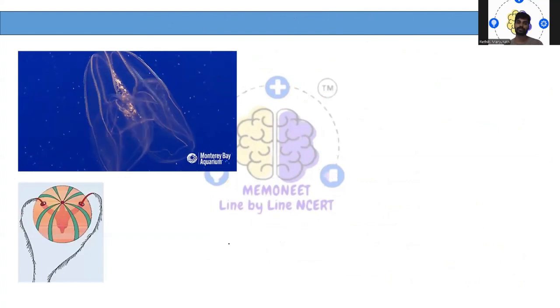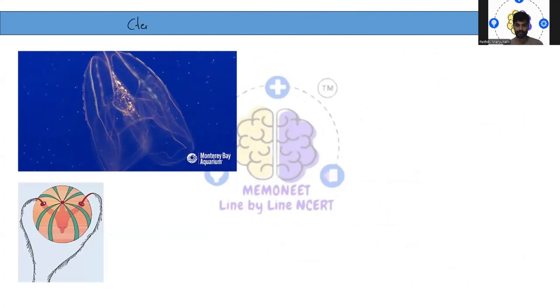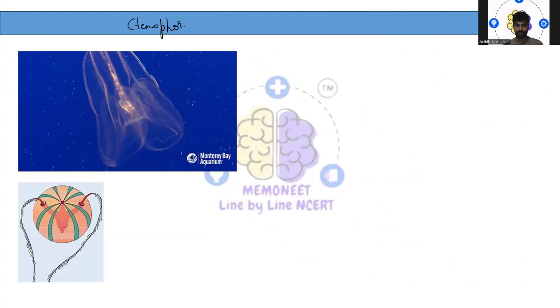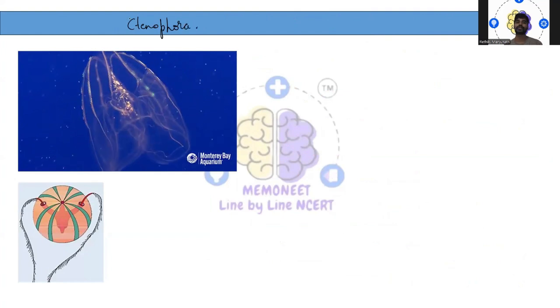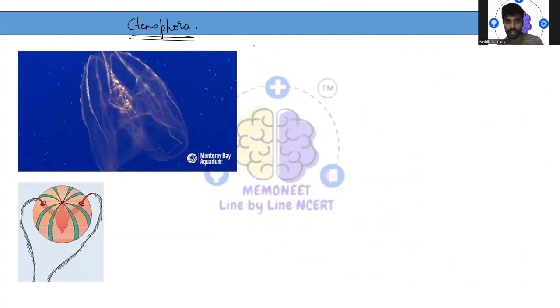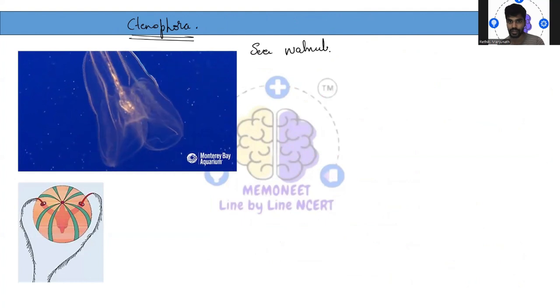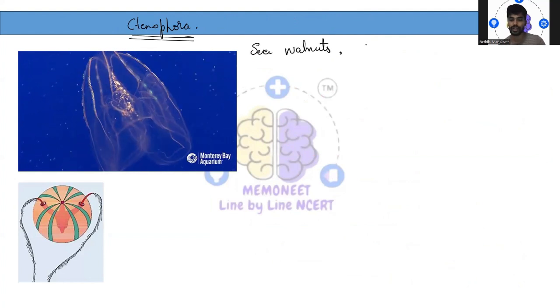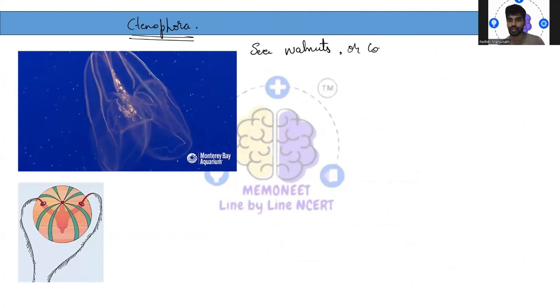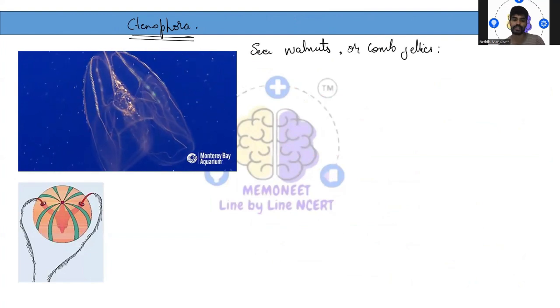Our next phylum is Ctenophora. So phylum Ctenophora, commonly they're called sea walnuts or comb jellies.